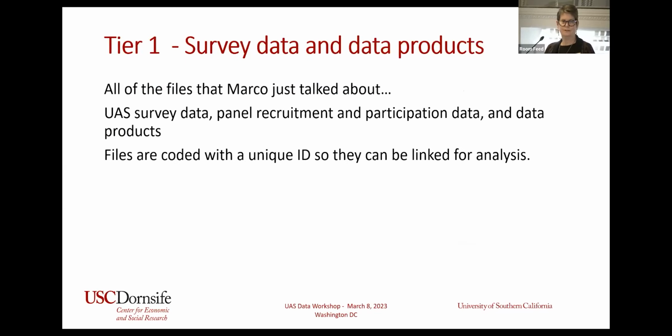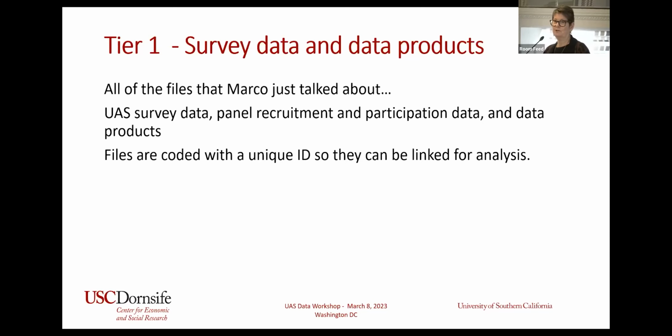So for tier 1 survey data, all of the data and data products that Marco talked about are available. That also includes the panel recruitment and participation data, which I don't think that you did mention, but we have all of the information about our recruitment, not only batch by batch, like Marco showed you, but also we have the full data files, like all of the My Households that have ever been filled out, the full sample and what happened with each element of the sample in terms of recruitment and whether or not they became a member of the Understanding America study.